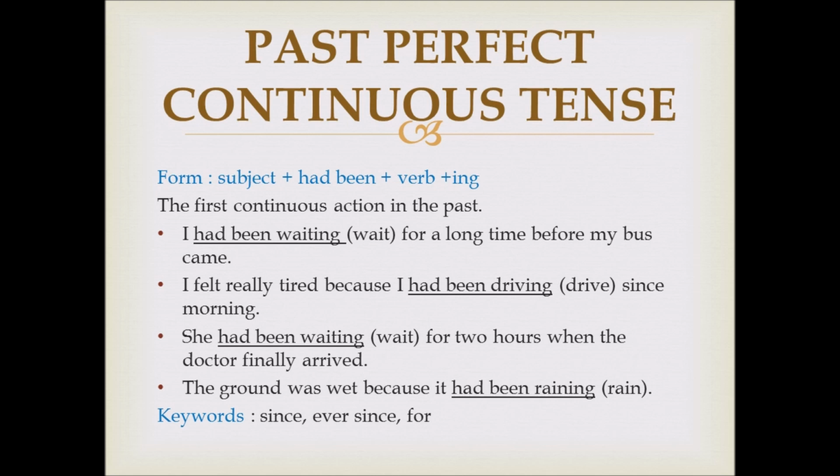So the first action is raining. Only because of raining the ground got wet. So you are using past perfect continuous tense for the first action, and for the second one you are using past tense. So the keywords are since, ever since and for. The most common keywords for all perfect continuous tenses are since, ever since and for.